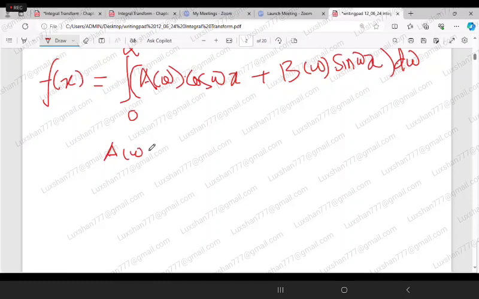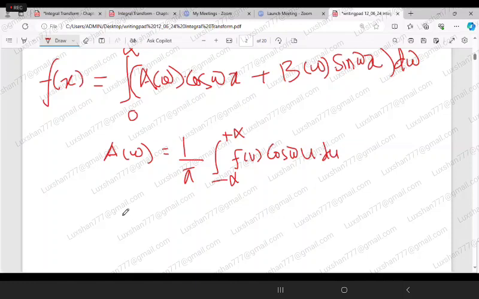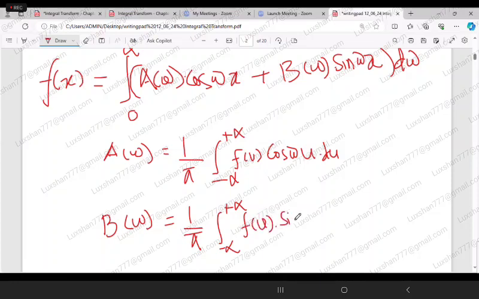a(omega) is equal to 1 over pi integration minus infinity to plus infinity f of u into cos omega u du, and similarly b(omega) is equal to 1 over pi integration minus infinity to plus infinity f of u into sin omega u du.